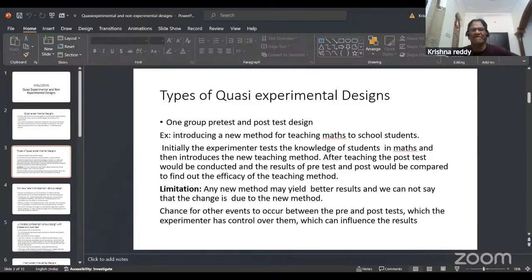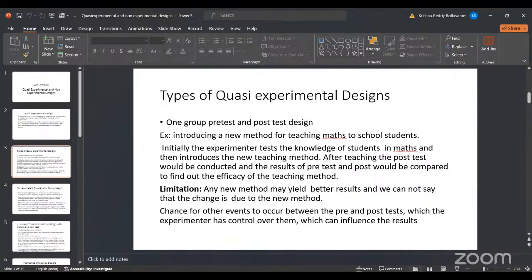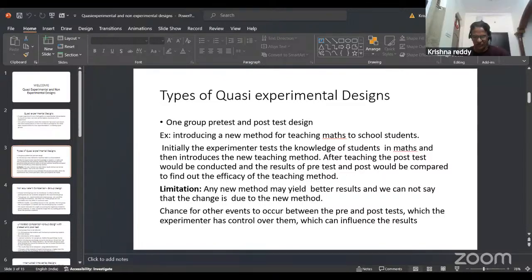We are discussing the same kind of experimental design because there is a deficiency, because that design is not able to satisfy other standards. So, one group pre-test and post-test design. Here, the example is introducing a new method for teaching maths to school students.